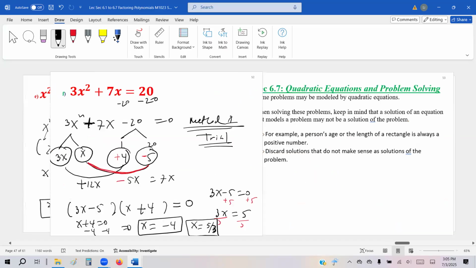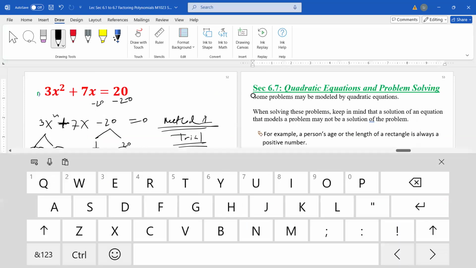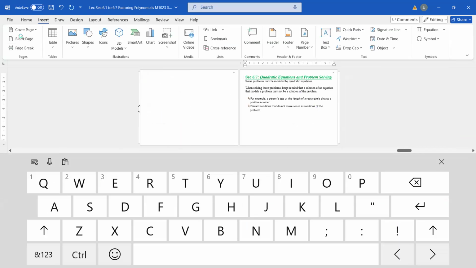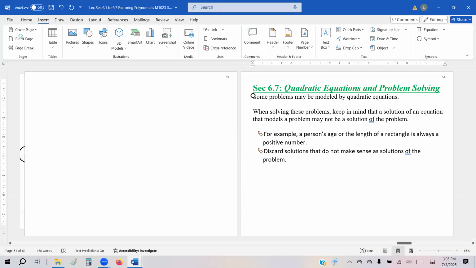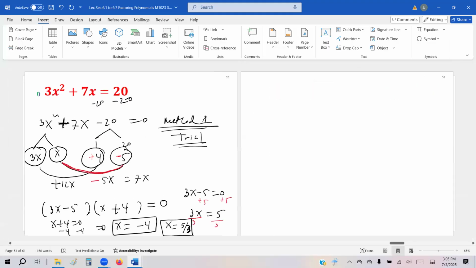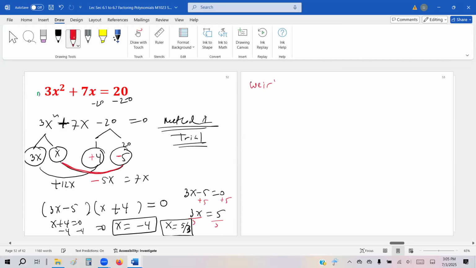Now after the trial method, the next easy method in my opinion is the weird method. So I'm going to show the weird method now. It's called weird because we do some weird stuff. But step 1 is the same. We need to bring everything to one side.